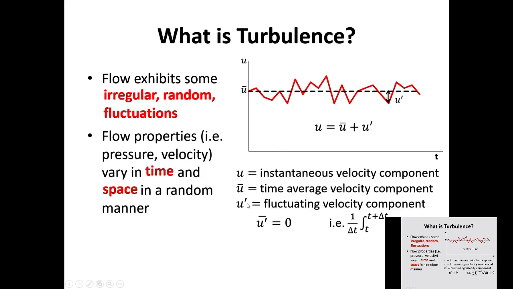And the average of u dash should be equal to 0, because your u bar is the average velocity. And likewise, the average of v dash and the average of w dash should also be equal to 0.